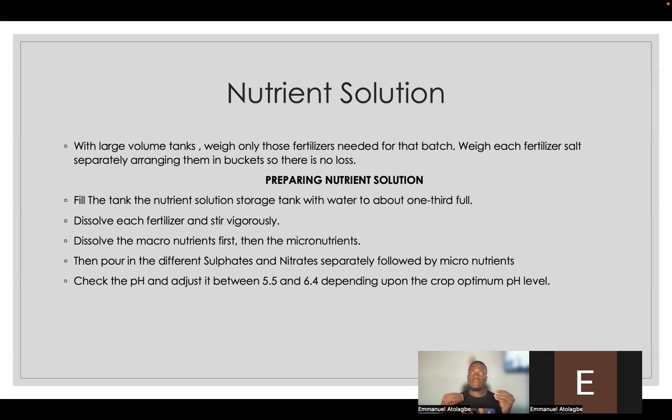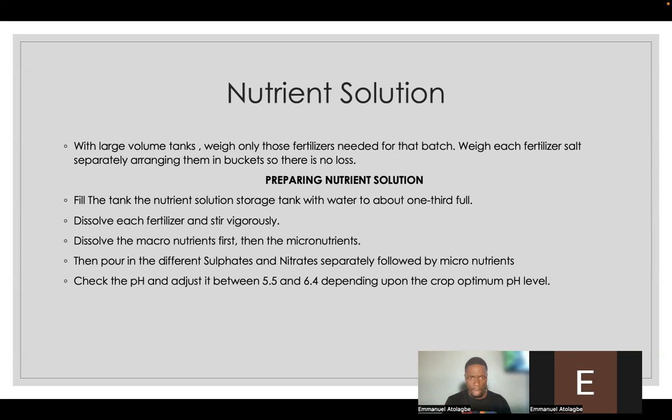Every time you need to apply fertilizers, you dissolve them with water, then you pour into a large volume tank. This large volume tank is connected to a primary line that connects to your secondary lines.